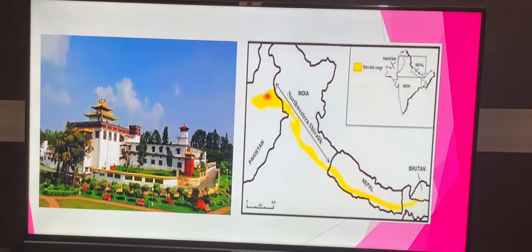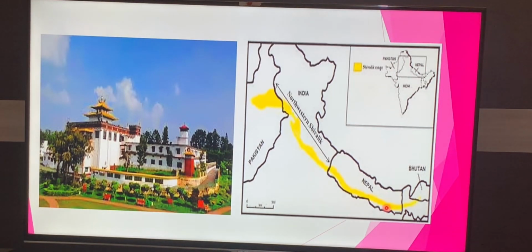They are outermost range of foothills located in the south of main Himalaya. Therefore, they are also known as Outer Himalaya.